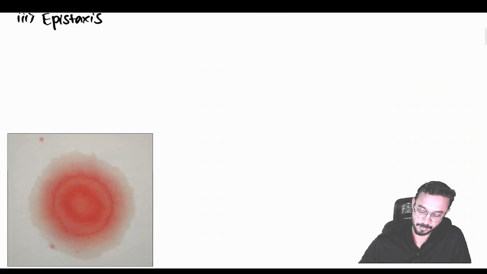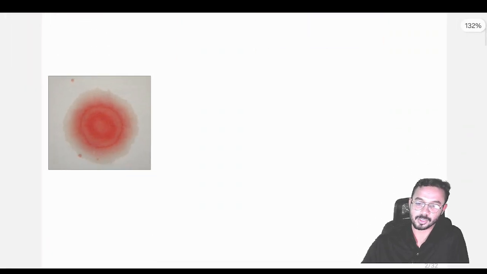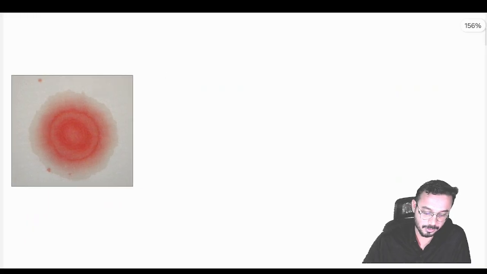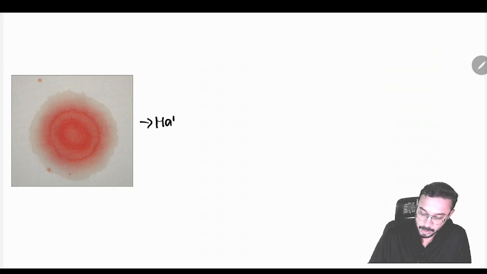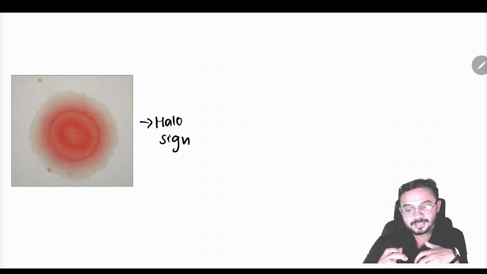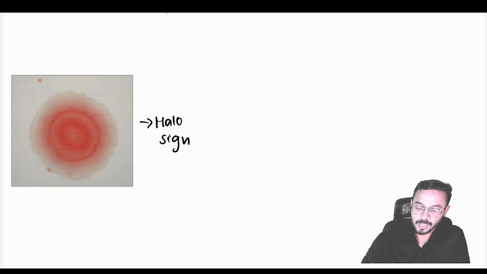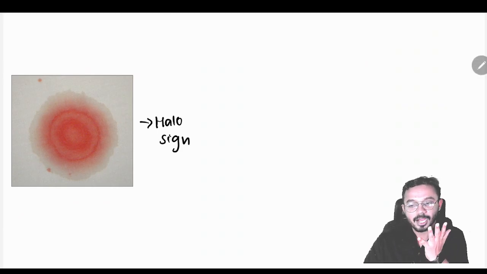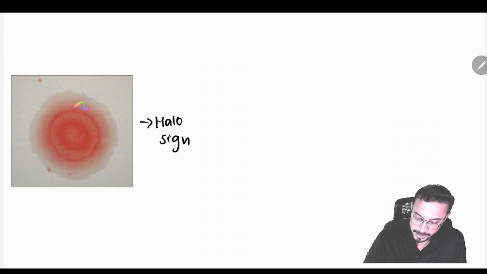And one more sign. One of the most important questions asked in your previous exams: this is also known as the halo sign. It is used to differentiate whether it is epistaxis bleeding or CSF rhinorrhea. If I put the discharge on tissue paper, centrally there is blood and peripherally there is a white substance.